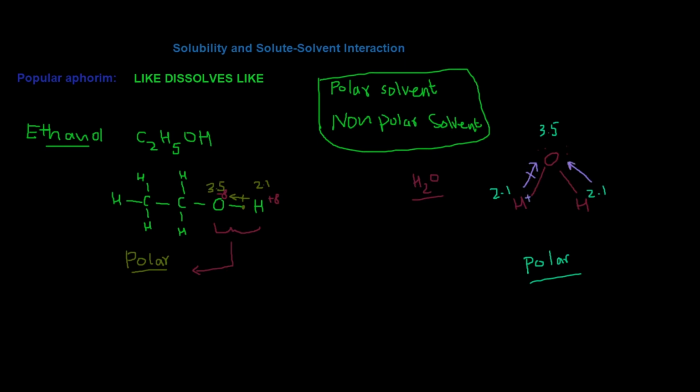Hydrogen would bear a partial positive charge. Similarly, this hydrogen would also have a partial positive charge, and this oxygen atom being more electronegative would have a partial negative charge. So hence we can say that the water molecule is also polar in nature.